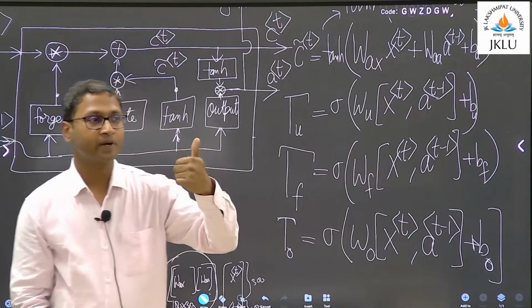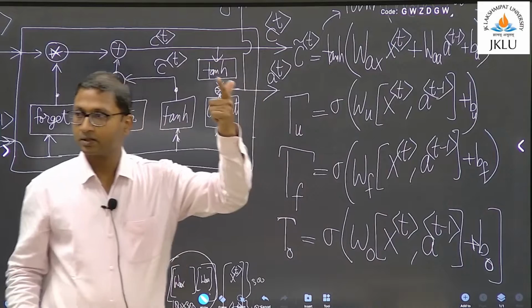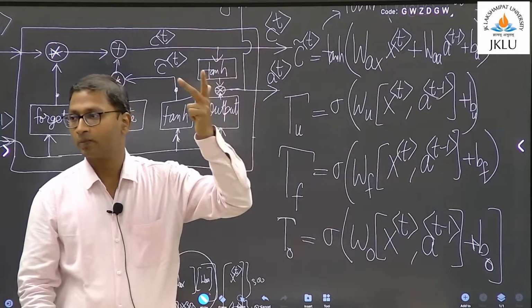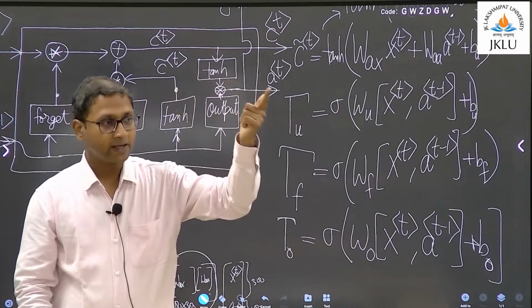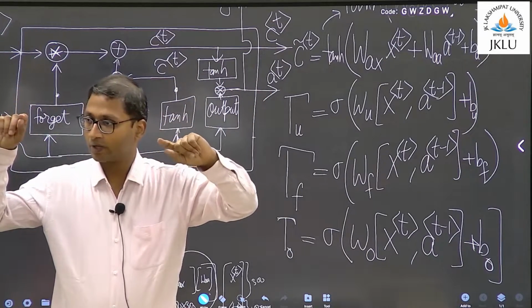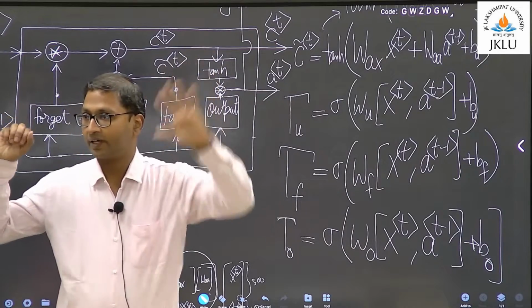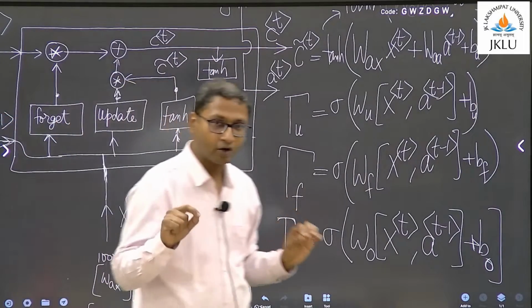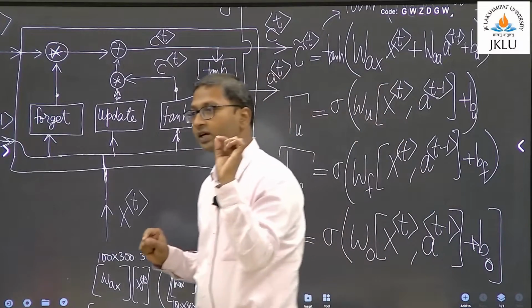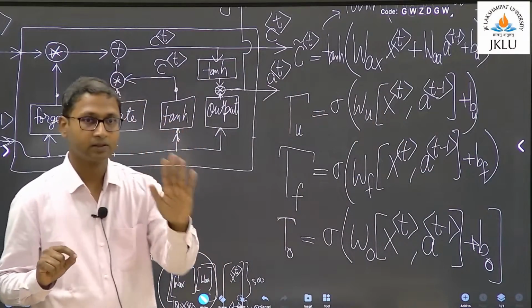What will be the number of parameters? WAX plus WAA plus WYA and plus these two biases, BA and BY. So you can compute the number of parameters in a vanilla RNN exactly.